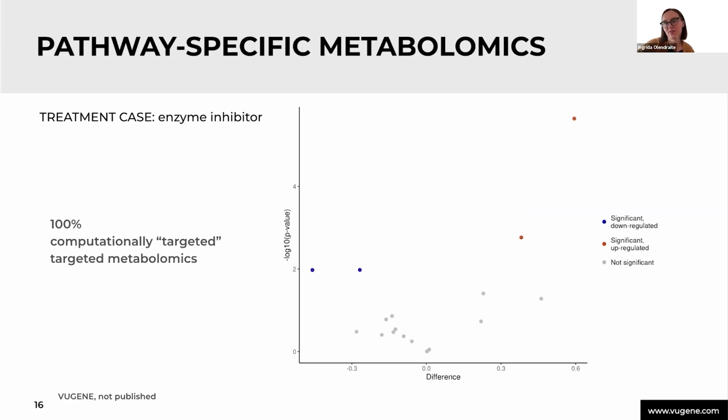And then another thing that you could do computationally very nicely, I'm calling this computationally targeted metabolomics, where we selected the specific pathway that we identified that was quite strongly affected, and we just did differential expression linear modeling, adjusting for age and sex and so on, to identify the main metabolites.